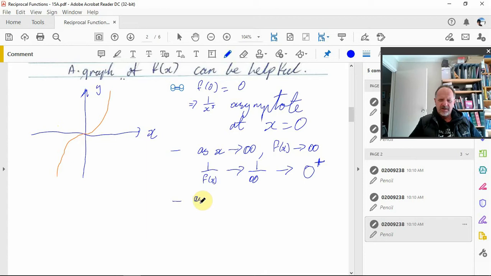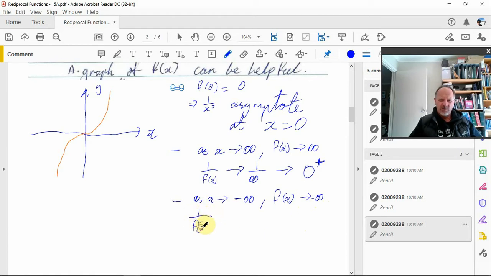So as x goes towards negative infinity, then what happens? Well, f(x) gets bigger, but it gets bigger in the negative direction, so it goes towards negative infinity. What does that mean about 1 on f(x)?